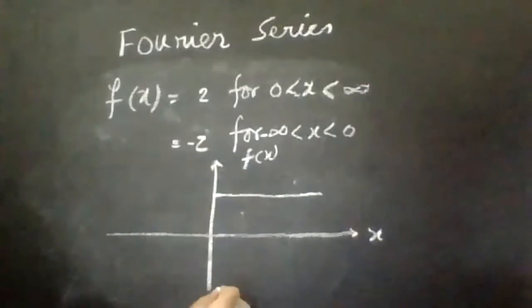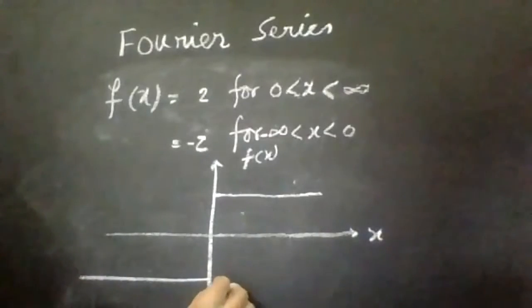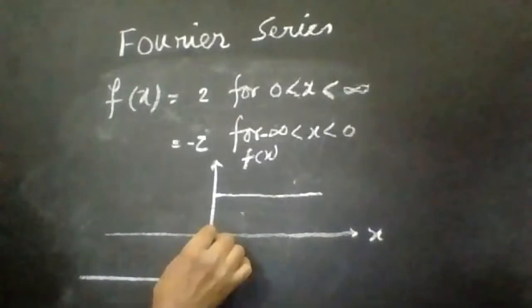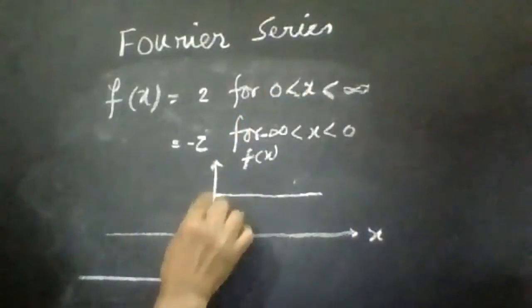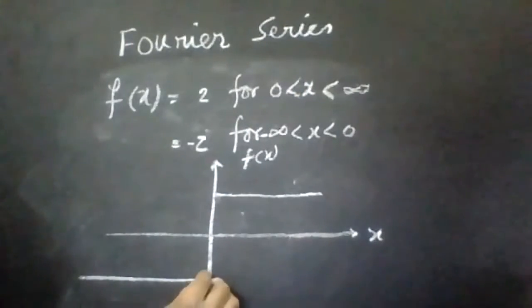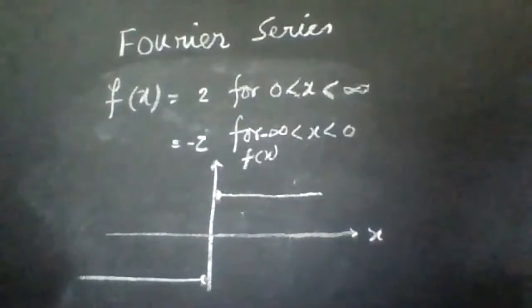Now if you have the negative region, then you will have f(x) equals minus 2. This is the 0 value for x. If it is positive, then you will get 2, and it will not touch the axis. It will be like this.